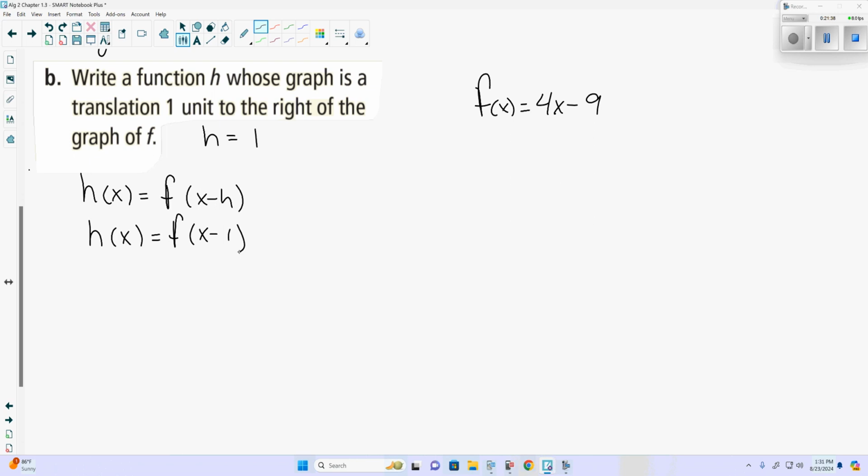Now for this one here, we're going to replace h with its value. So replacing h with 1, which will give us x minus 1. Now we don't have to have parentheses because we don't have a negative negative. And really, that's it for that step. It's just going to be f of x minus 1. Questions?